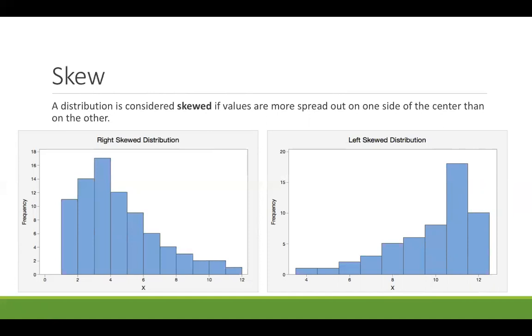In a right skewed distribution, the data tends to pile up on the left side of the distribution, and then it kind of trickles off near the right side. That's why it's called right skewed, since it's skewed towards the right. And then it's just the opposite on the other side. The data piles up on the right side of the distribution, and it is more skewed on the left side. So that's why it's called left skewed and right skewed.